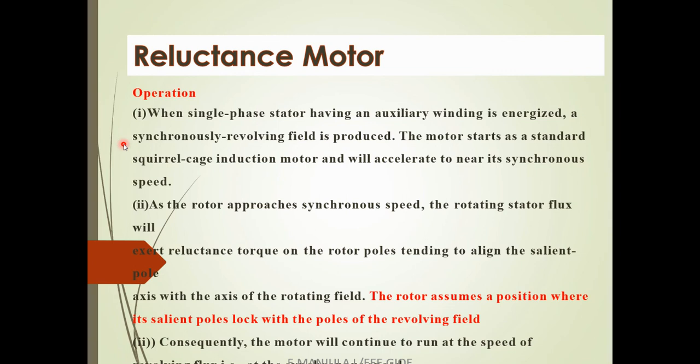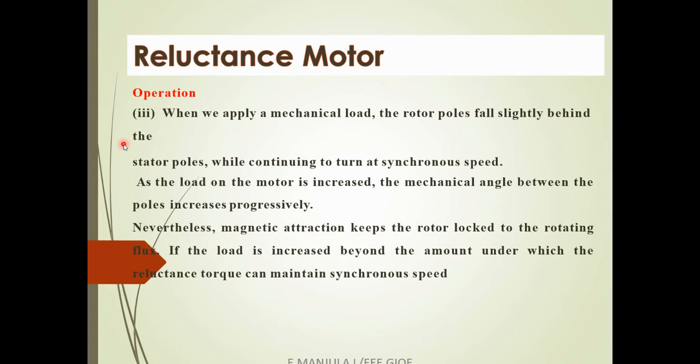As the rotor approaches synchronous speed, the rotating stator flux exerts a reluctance torque on the rotor poles, tending to align the salient pole axis with the axis of the rotating field. So the rotor assumes a position where its salient poles lock with the poles of the revolving flux. Consequently, the motor continues to run at the speed of the revolving flux, that is, at synchronous speed.